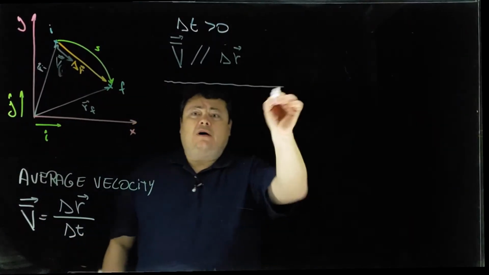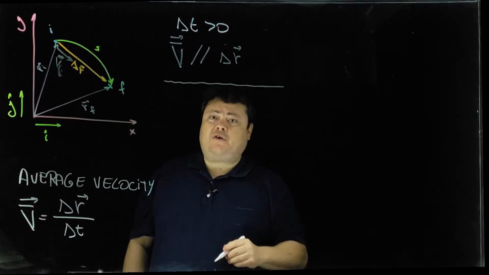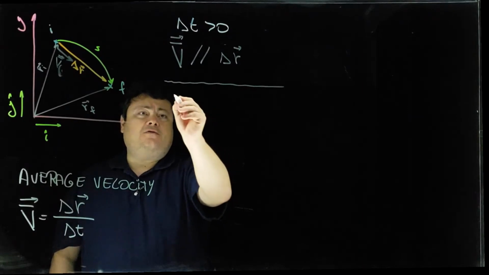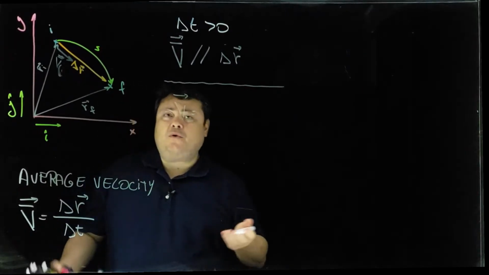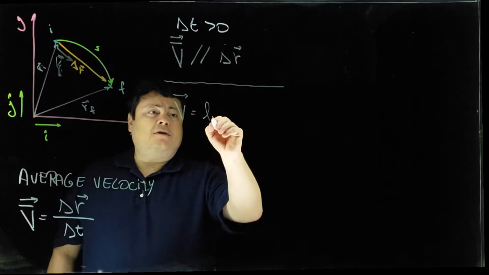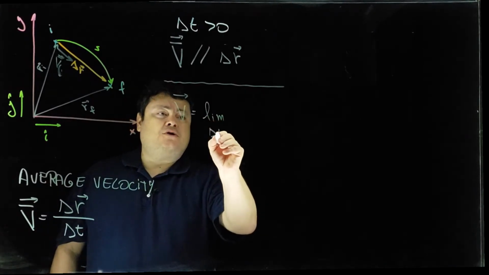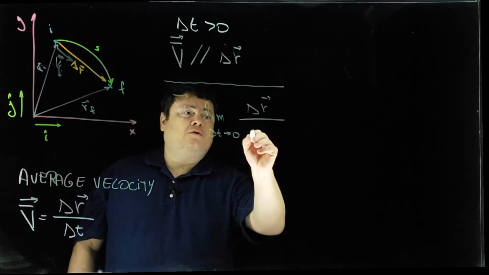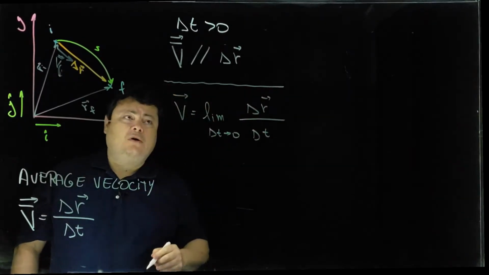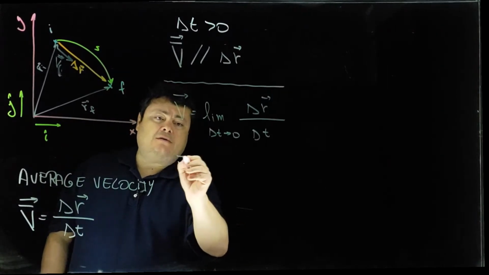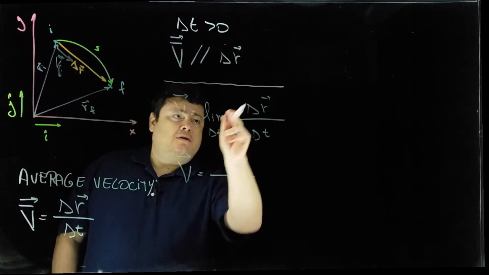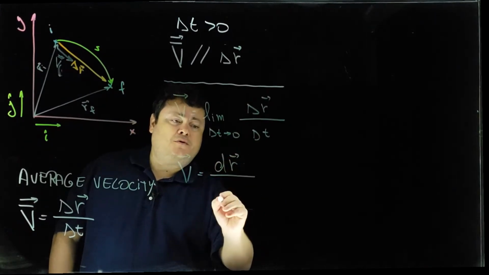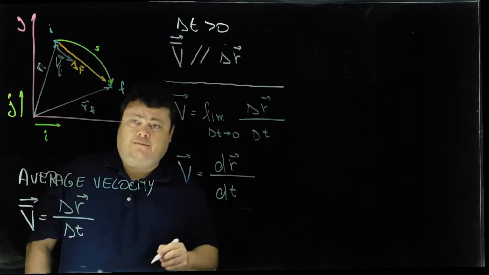Next step for us, after defining average velocity, would be to define instantaneous velocity. And the instantaneous velocity, V, is defined the way we always did before, as the limit when time approaches 0 of the ratio delta R over delta t. So the instantaneous velocity is just the derivative of position, dR, with respect to time, dt.